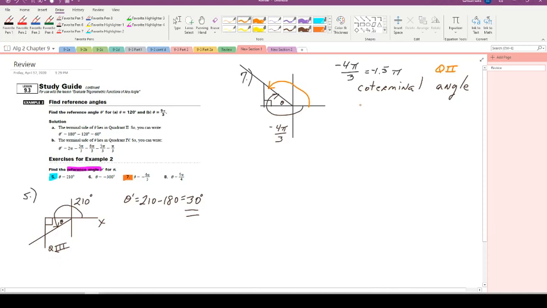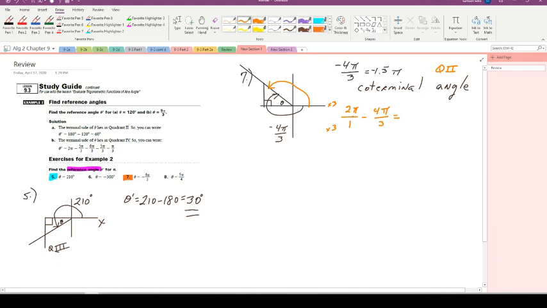So to find my coterminal angle, and it's in quadrant 2, I'm going to do 2 pi, because remember coterminal is plus or minus 2 pi or 360 degrees, but we're in radians, over 1 minus 4 pi over 3, right? I have to multiply by 3 top and bottom, okay?